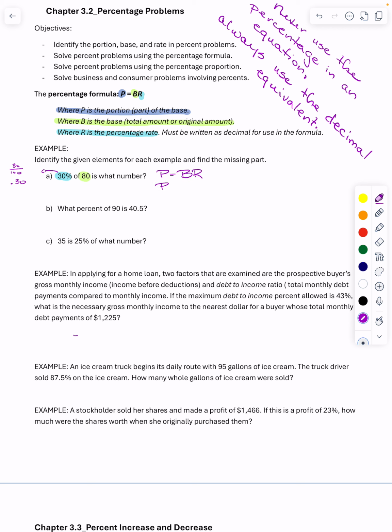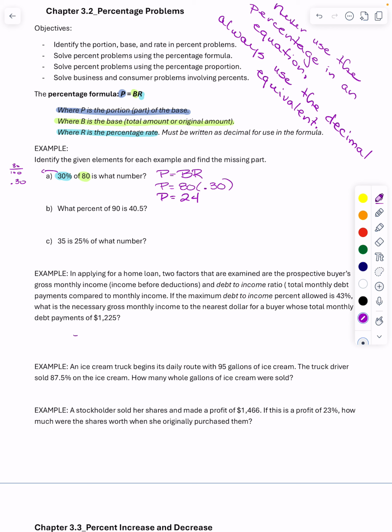We're looking for the part. We have the base of 80, the rate of 0.30. Now, as a reminder, it does not matter what order we multiply in, but once we multiply those, we get 24.